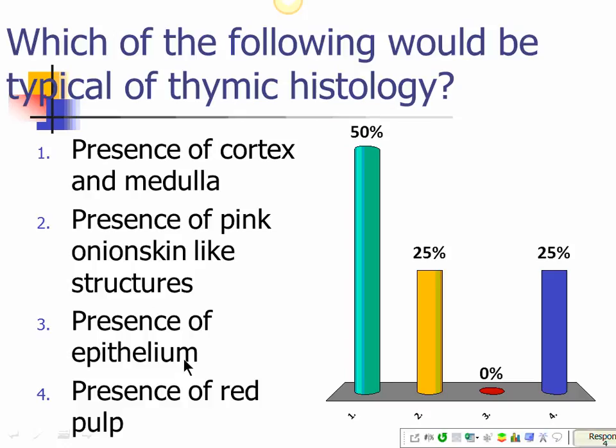You see that? Epithelium, of course, is only in the tonsils. And red pulp is present in the spleen. So when you say typical, that means only the thymus has it. Nothing else has it. Cortex and medulla, well, the lymph node has. So you can't use that. Okay. So presence of Hassall's corpuscles, which are pink onion skin-like structures.